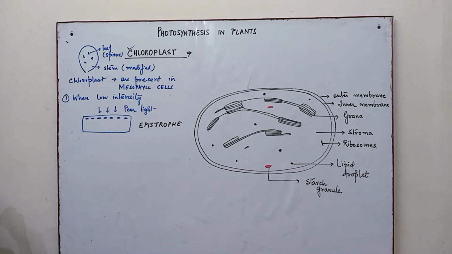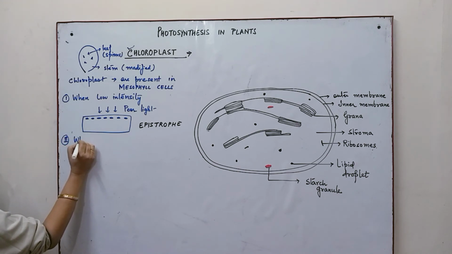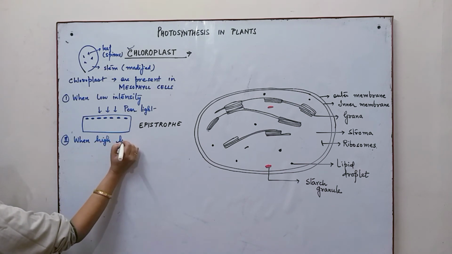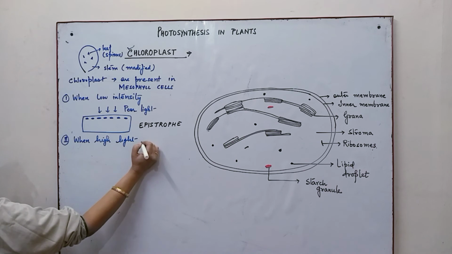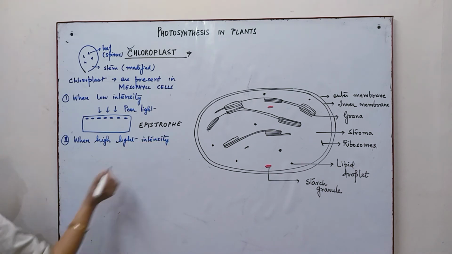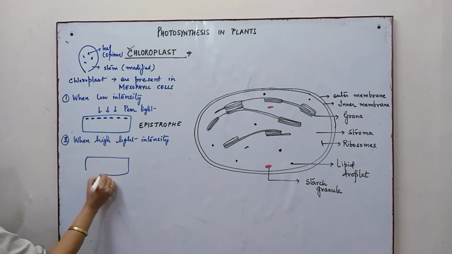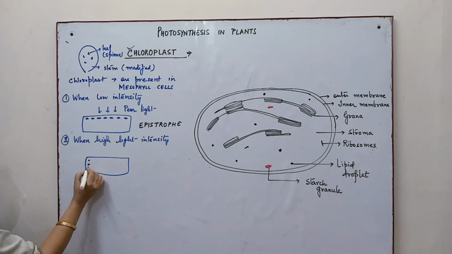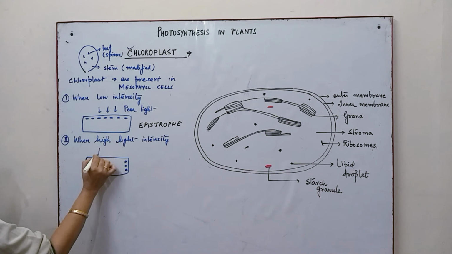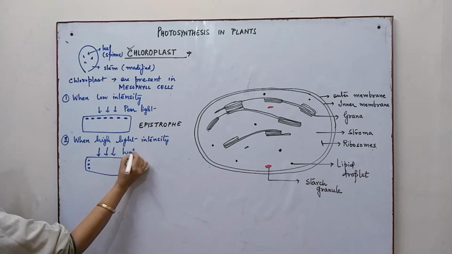Now, the second situation is when there is high light intensity, then the arrangement of chloroplast differs. Over there, they will be arranged perpendicular to the walls of the mesophyll cell.